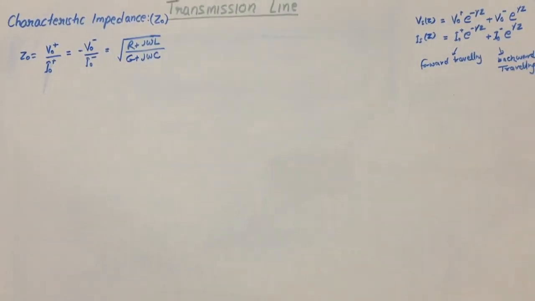Now consider the different cases of a transmission line, different cases of guided wave propagation, to find the different parameters of the line. So let us start with the lossless transmission line.